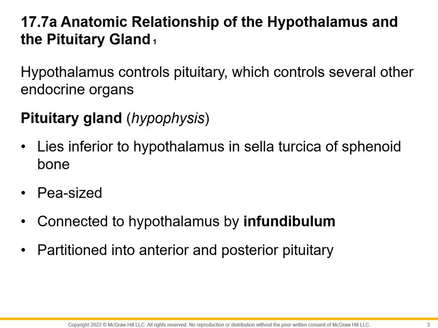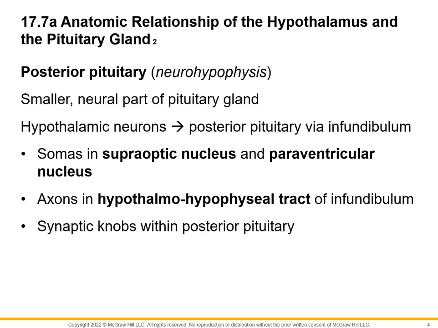So if you look at a skull model, you can see this hypophyseal fossa very, very easily, right? The infundibulum, this is a connecting stalk that connects the pituitary to the hypothalamus, and we'll look at an image of that in just a moment.